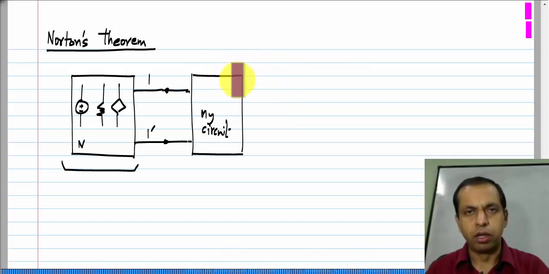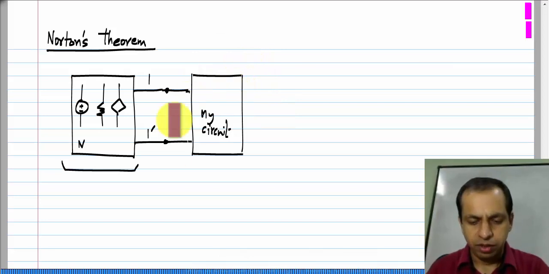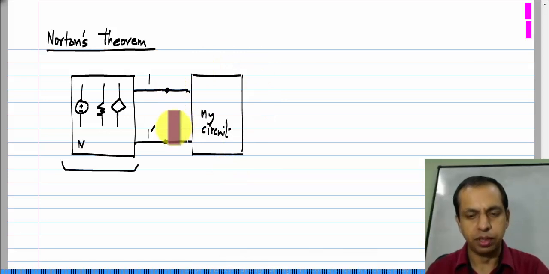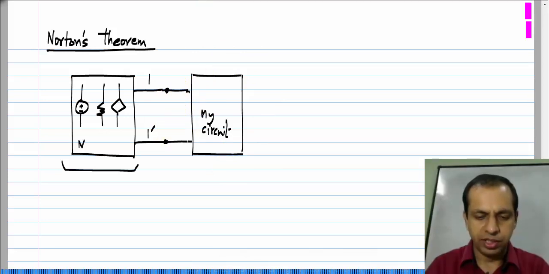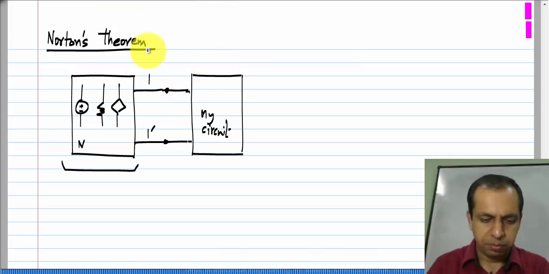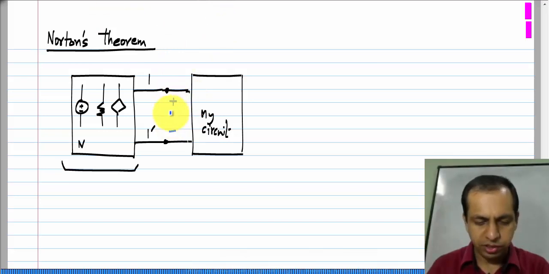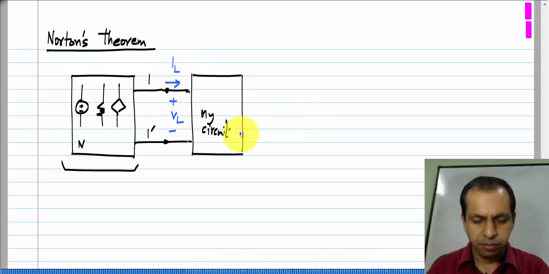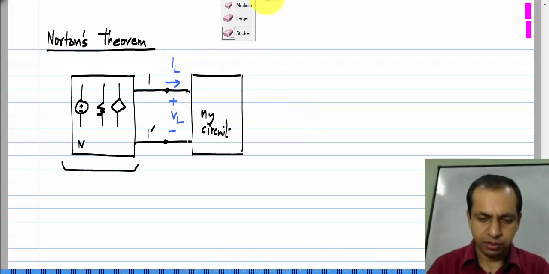Now, if you recall, while deriving Thevenin's equivalent, we replaced this with a current source based on the substitution theorem. What we will do here instead is, let me again say this voltage happens to be V L and this current is I L. I will replace it with a voltage source instead.